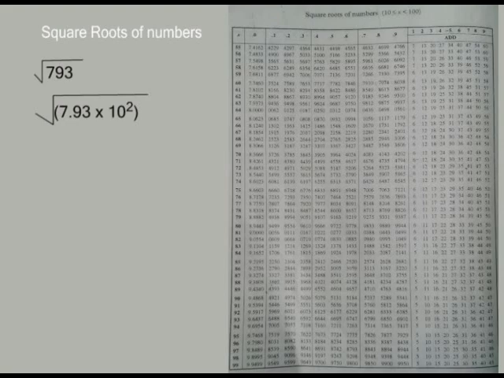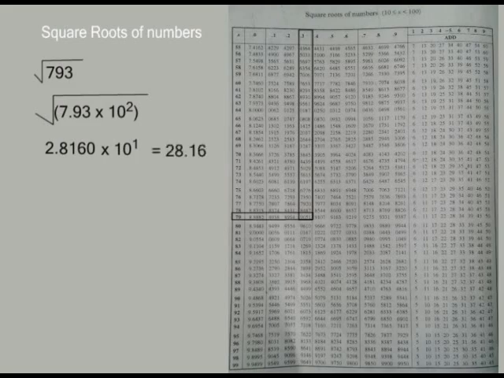Read from the table. 7.9 is here. The row starts with 2 point. We go to the column of 3, and the number is 8160. And so we have 2.8160. Square root of 10 raised to power 2 is 10 raised to power 1, or simply 10. So we shall have 2.816 times 10 raised to power 1, or simply 28.16.